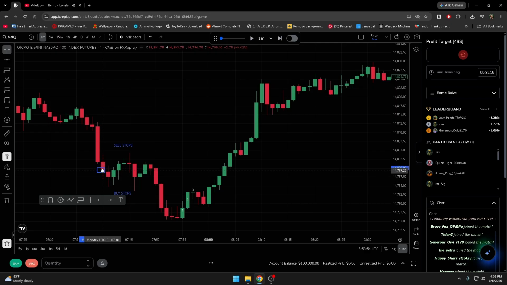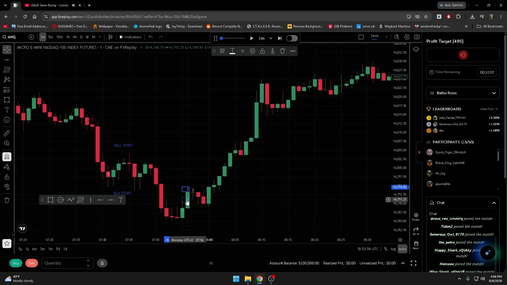this is also a fair value gap though. There's multiple of them sometimes. And sometimes this is where things get tricky at.